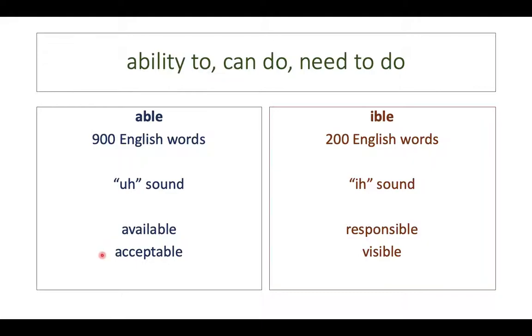And the second word here is acceptable. Do you hear the sound? Versus over here we would say responsible or visible. So again, there's an "uh" sound versus an "ih" sound.